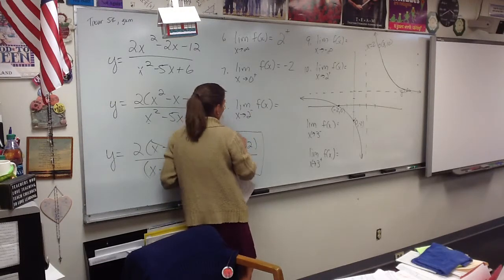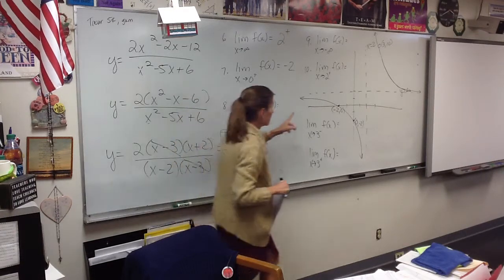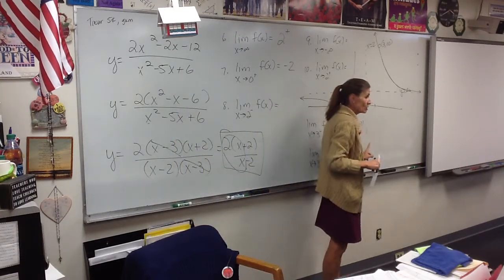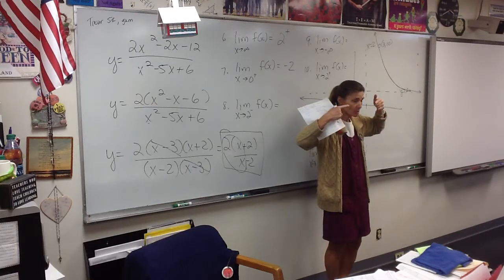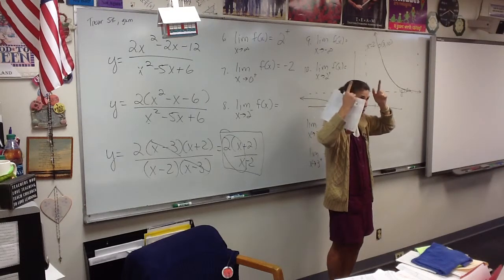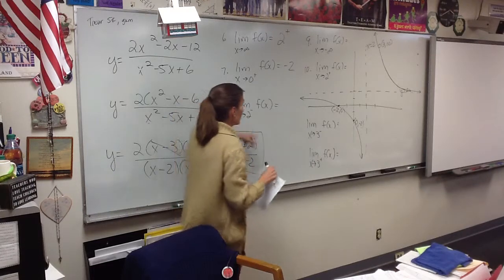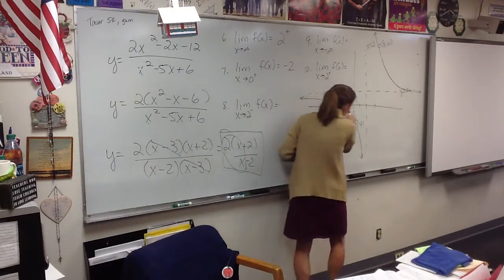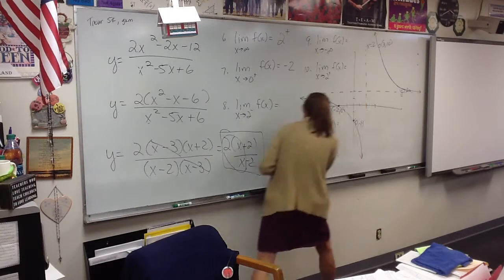So what happens to y when x gets closer to 2? Well, wait a minute. 2 is an asymptote. When you come at an asymptote, you can't cross it, you can't touch it, so you're either going to go up or go down. So what are we doing as we come at 2 from the left side? As we come at 2 from the left side, we are going down.